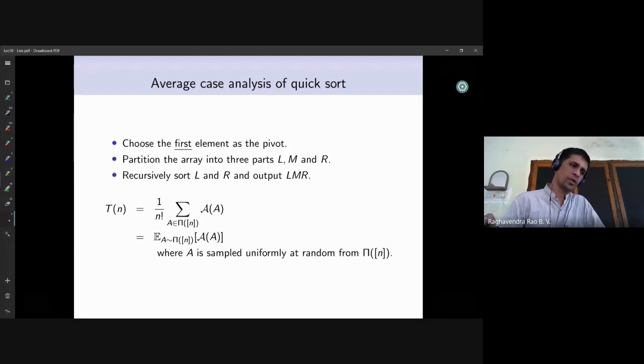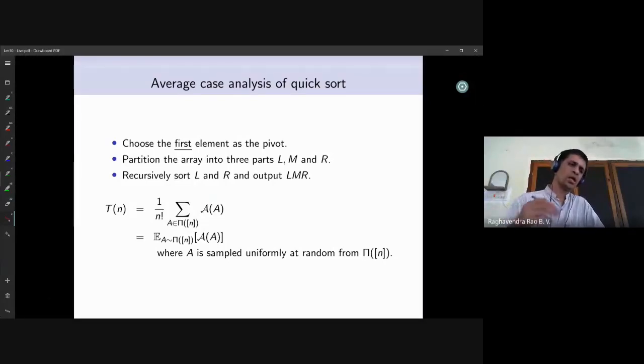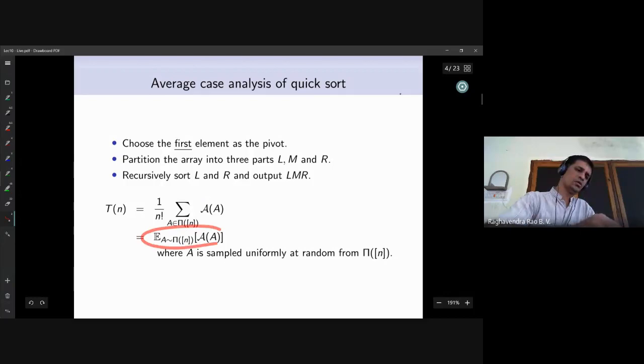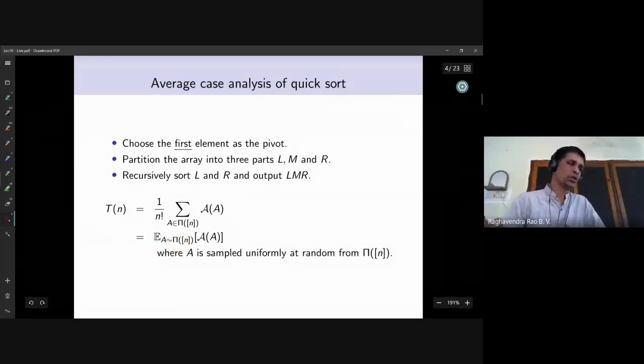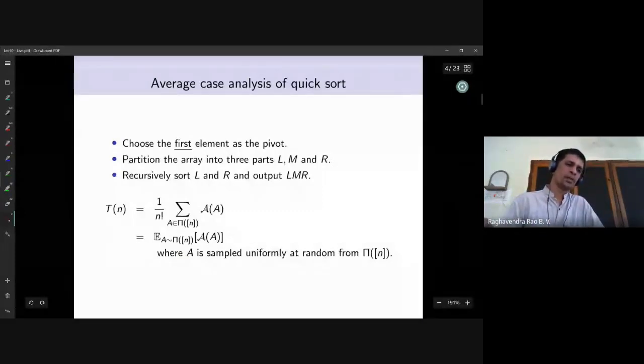In other words, the average number of comparisons is 1 by n factorial times the summation over all permutations of the number of comparisons required for that permutation for quicksort. It's nothing but the expected number of comparisons when the array is chosen uniformly at random. That is, you randomly permute 1 to n and then run the algorithm on that. This was the statement that we had seen in the last lecture.